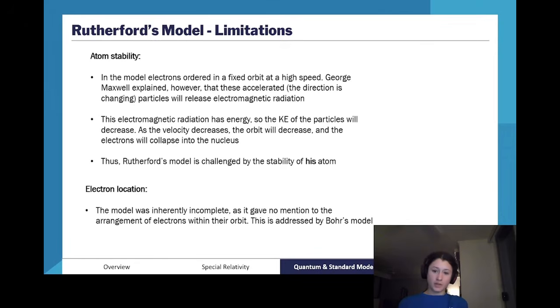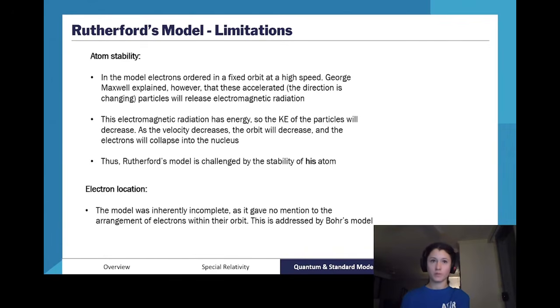The other issue with his model was that he didn't specify where the electrons were. And this is addressed by Bohr's model. Another thing that we'll get into with Rutherford's model and its limitations is the emission and absorption spectra.